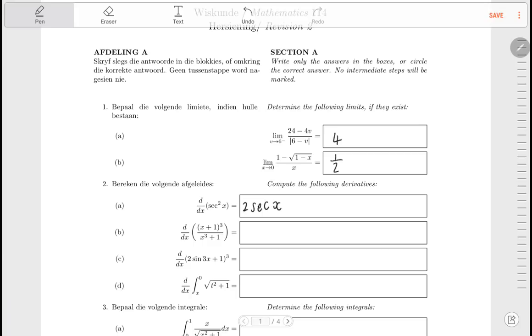That's the first part. And now we have to take the derivative of sec x, which is sec x tan x. And you can write that a little bit simpler as 2 sec squared x tan x. So that's our first one.